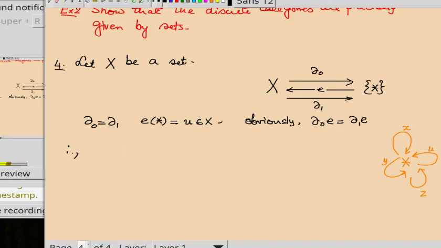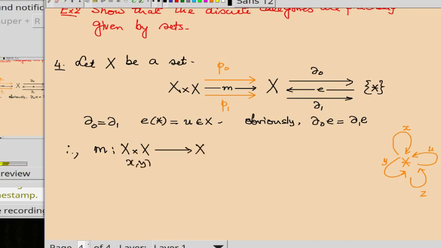Therefore, every pair is composable, and the projections are the usual product projections, and there exists an M. So therefore, M is a binary operation on X.